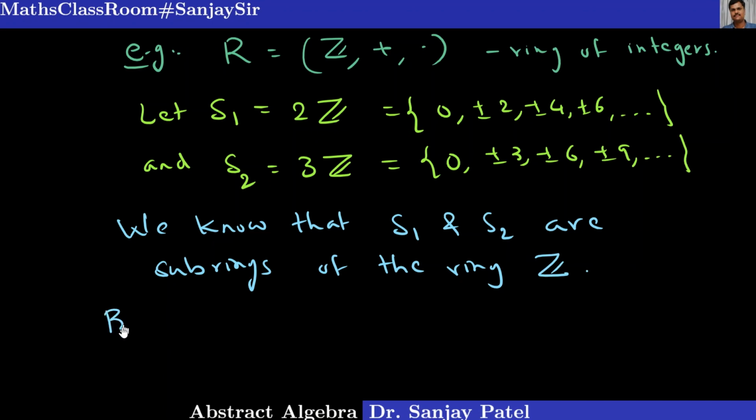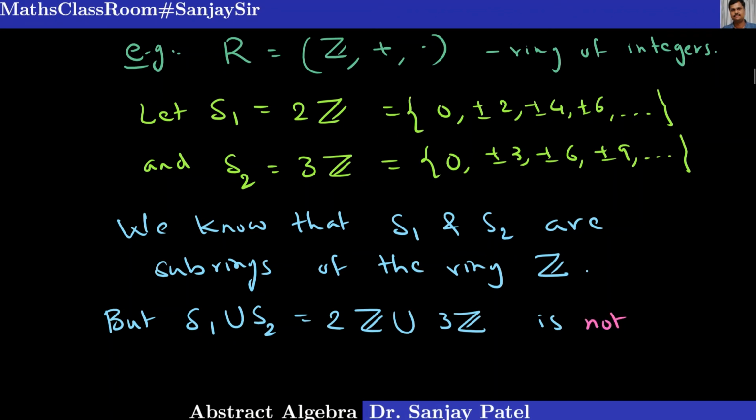Now, if I take S1 union S2, that is 2Z union 3Z, it contains all these multiples of 2 and all multiples of 3. Okay, but then this is not a subring.